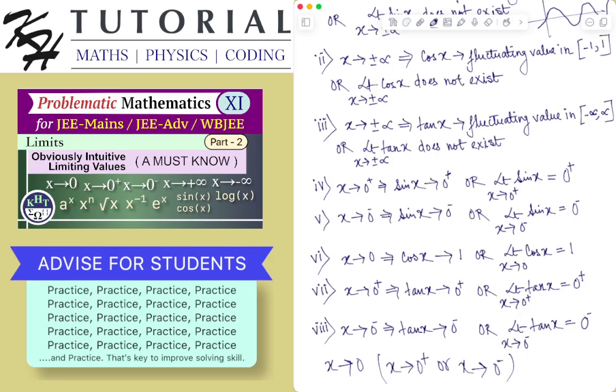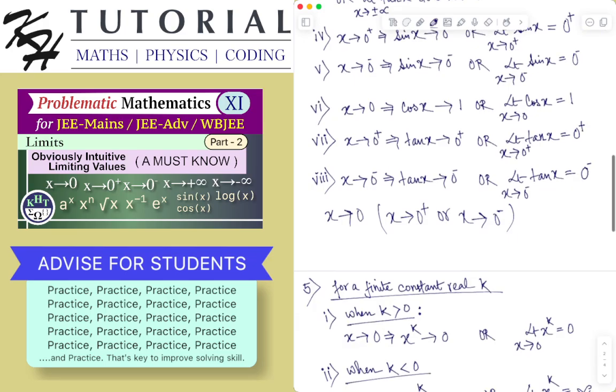That is, the limiting value of tan x when x tends to 0 positive is 0 positive, and when x tends to 0 negative, then tan x tends to 0 negative. That is, the limiting value of tan x when x tends to 0 negative is 0 negative, which means a value which is just a little less than 0. It is negative, but a very small negative value, which is basically 0 negative.